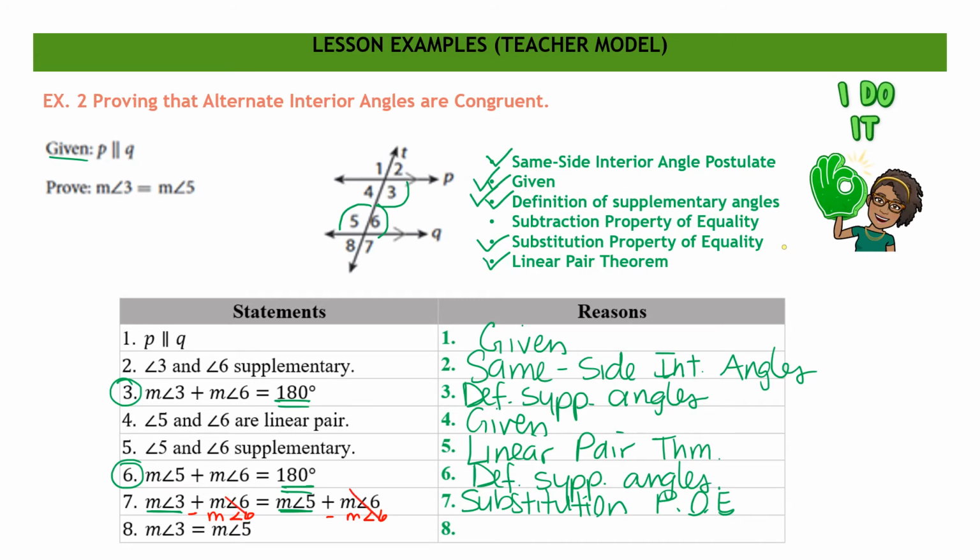So in my last reason, for statement 8, I am using the subtraction property of equality. And that is the last statement of the proof. So as you can see, we've just proved why alternate interior angles are congruent. Going back to our proof, it's stated here, angle 3 is congruent to angle 5 because we have here the steps and reasons for this proof.